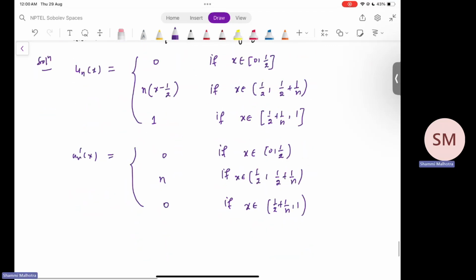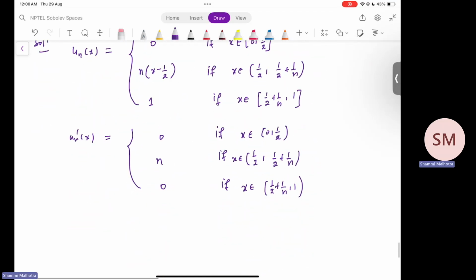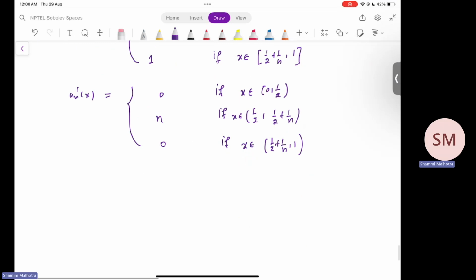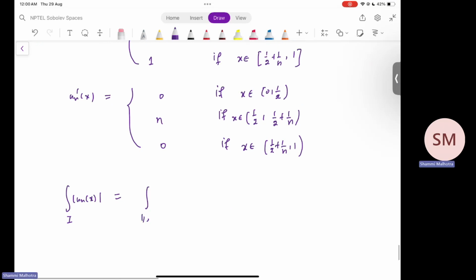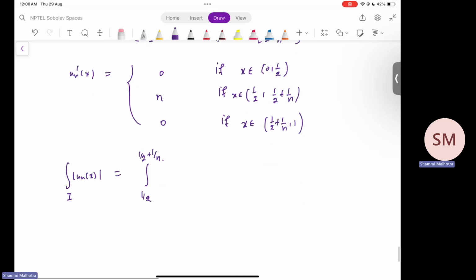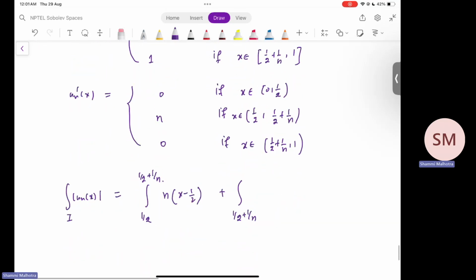If we try to compute the W^{1,1} norm, we have to show that both the integral of u_n and the integral of u_n' are finite. So this is nothing but the integral from 1/2 to 1/2 plus 1/n of n times (x minus 1/2), and then from 1/2 plus 1/n to 1 of 1 only.